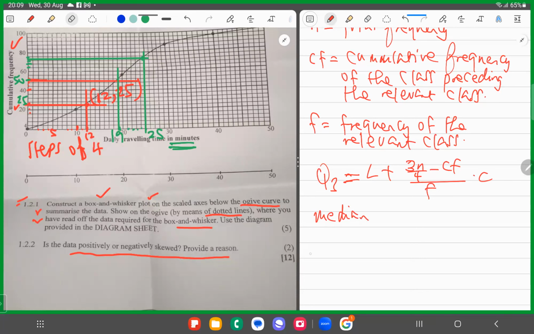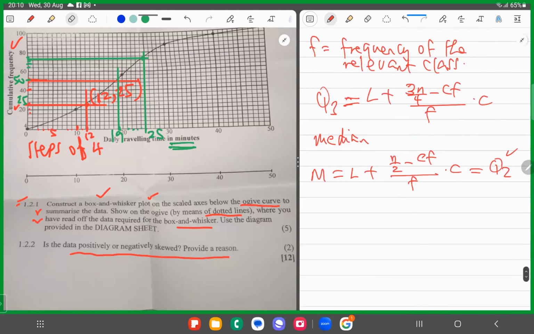The median, which you can call M, is L, the lower class boundary point, plus (N over 2 minus CF) divided by F times C. This median is actually equal to Q2 because it is in the middle. It is the same formula as Q2. So note the formula for the median.